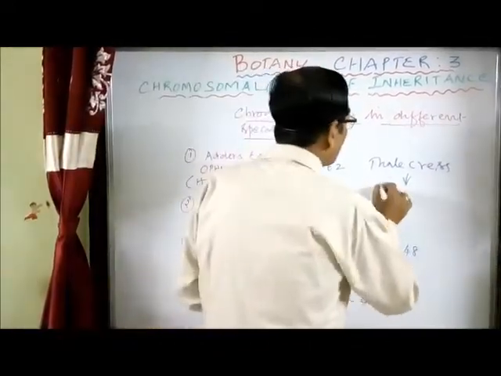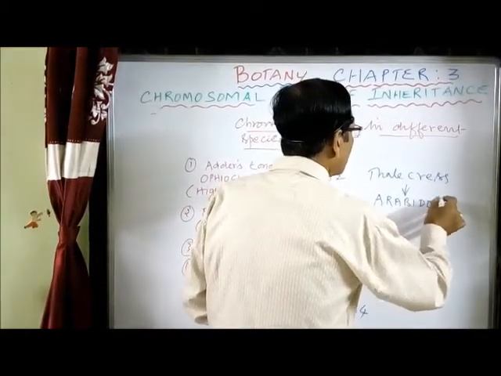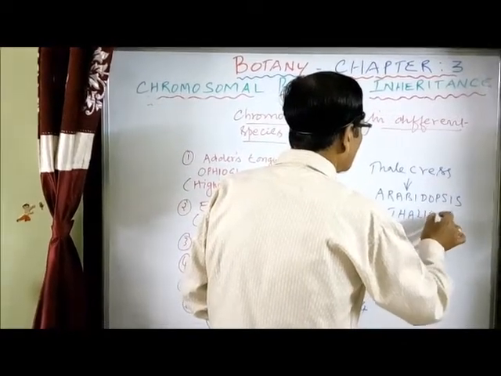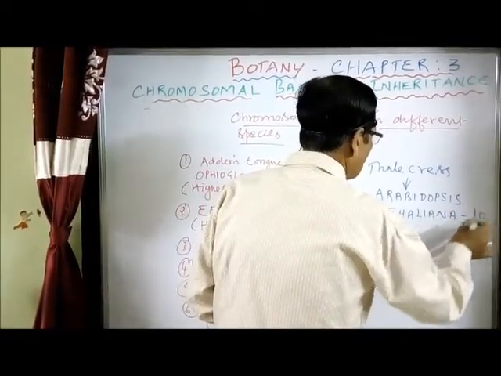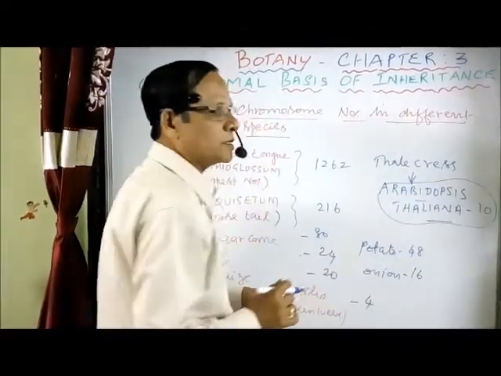And this one is called Arabidopsis thaliana. It has 10 chromosomes, and it has been taken for genetical study.